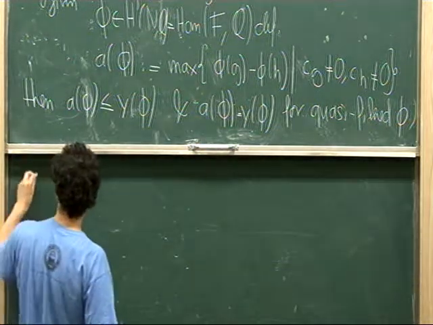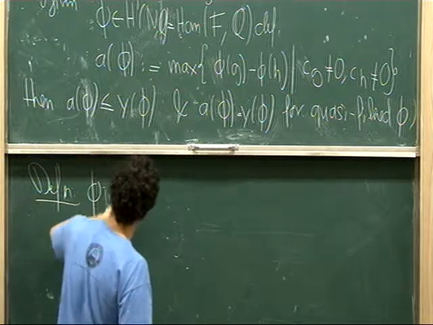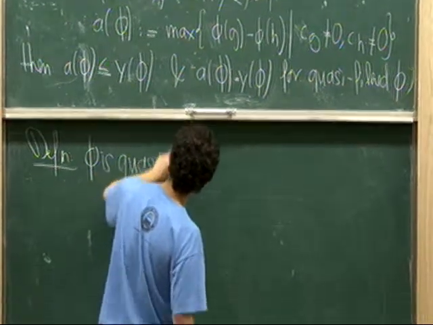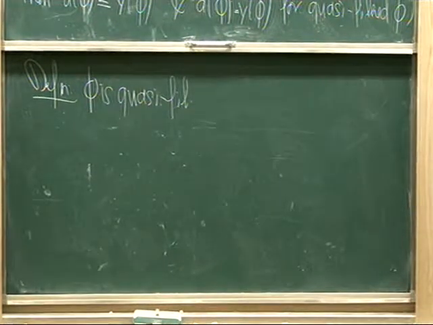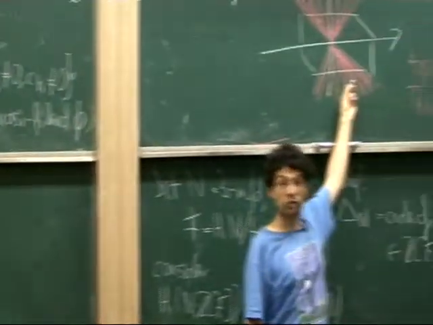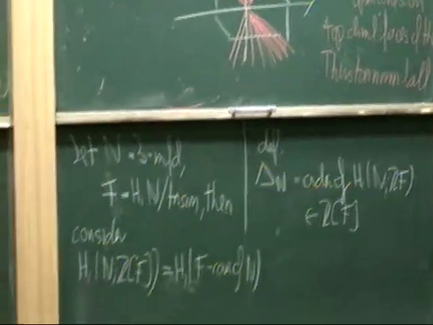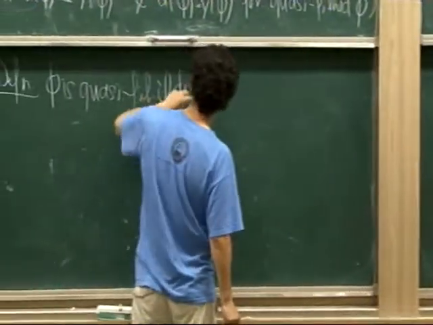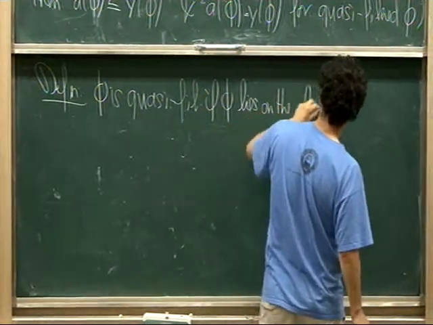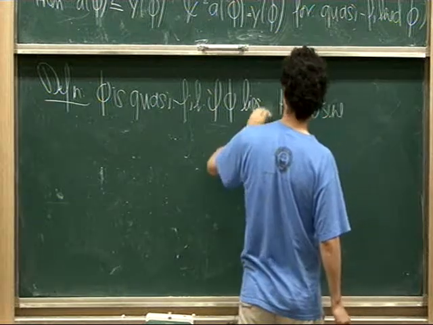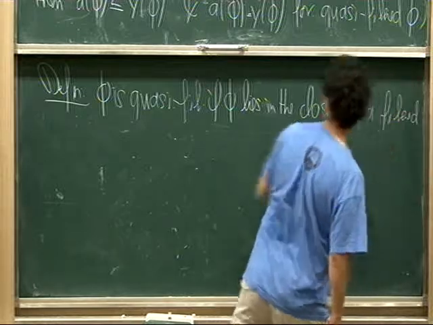Definition: phi is quasi-fibered if phi lies in the closure of the fibered cones. So phi is quasi-fibered if phi lies in, or in the closure of, a fibered cone.